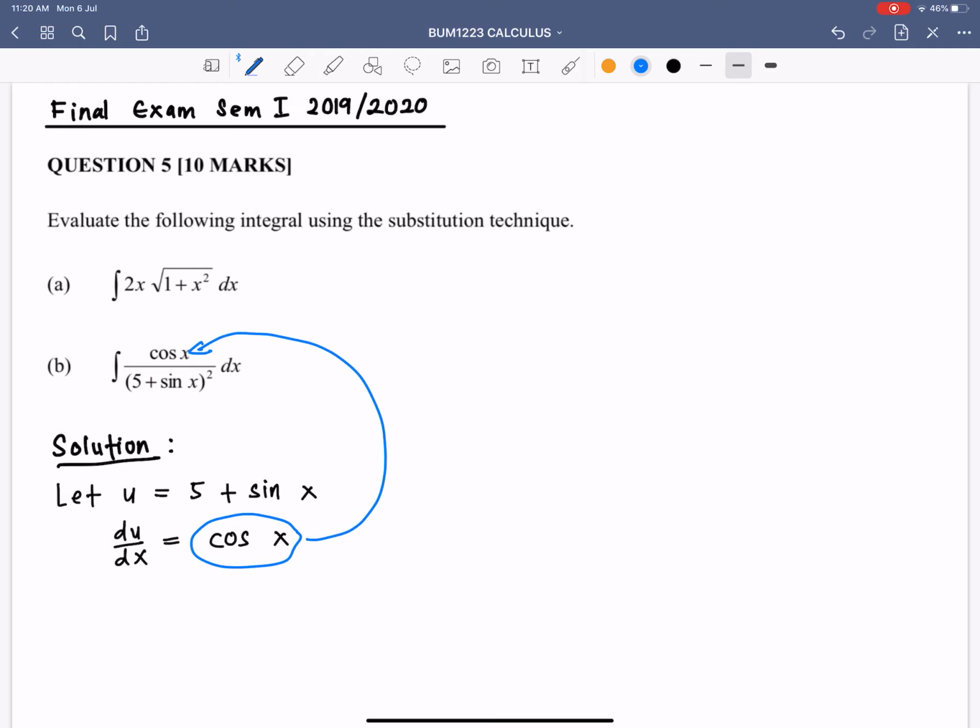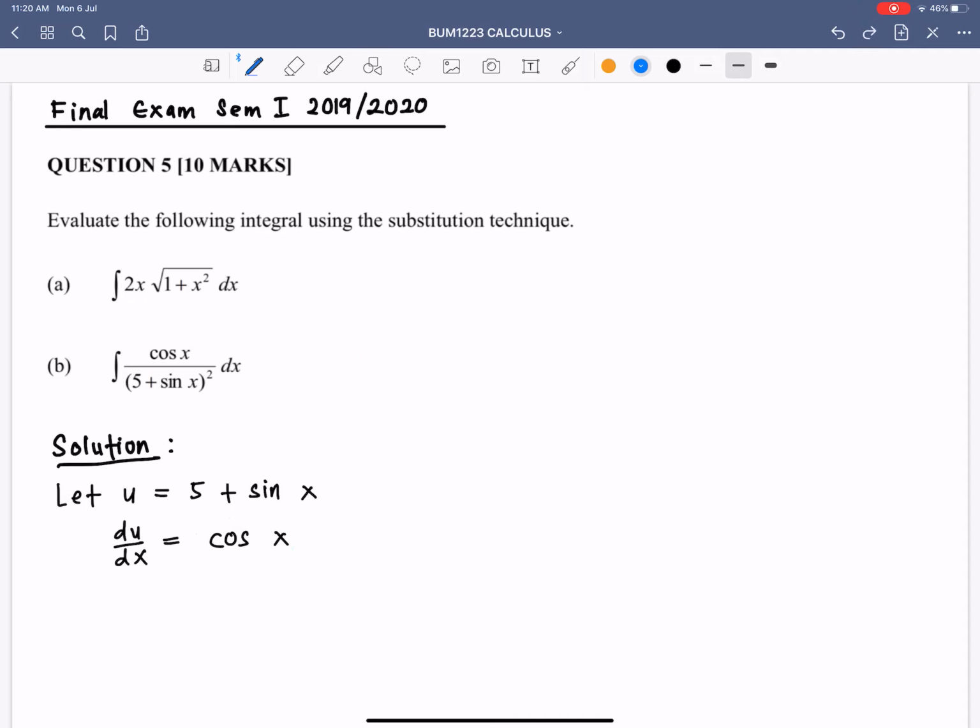So it gives a hint that our choice is most probably correct, but we have to see later whether you get your integral in terms of u only. If you are able to do that, it means the substitution that you chose is correct. So let us continue.